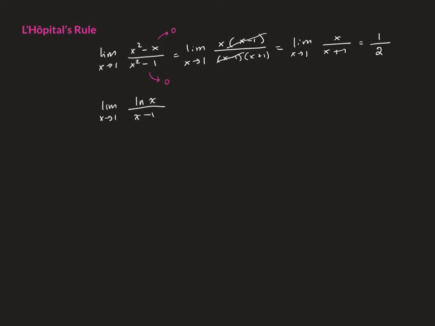If we evaluate this limit, we're going to see that the numerator at 1 is going to be 0, and the denominator is going to be 0. So again, this is a 0 over 0 kind of limit, and we cannot factorize it. There's nothing we can do with this. So L'Hopital's rule is going to help us do these kinds of limits in a very easy and simple way.